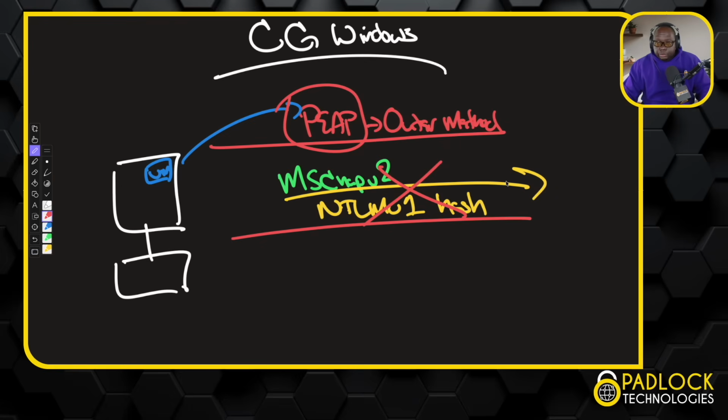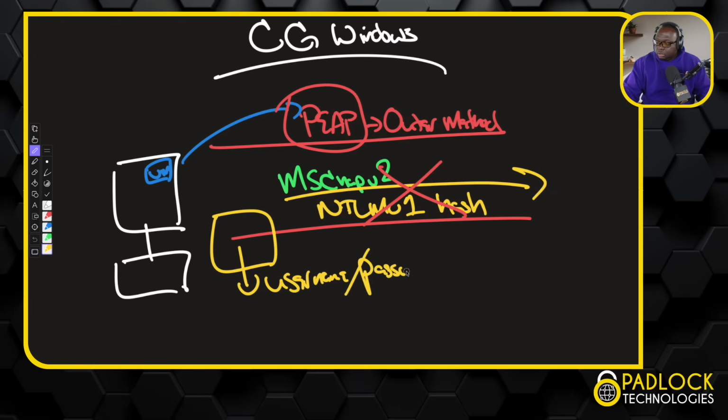What it will basically do is when you plug in, if you still have MSCHAPv2 turned on, it will prompt you in the operating system for username and password. So now this is no longer a passive thing. This is an active authentication.